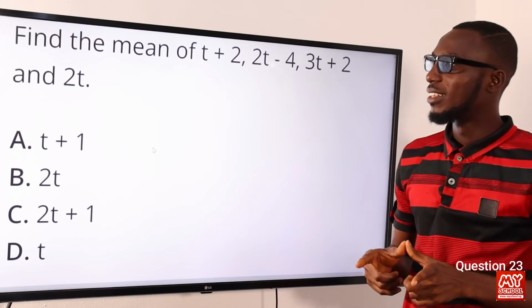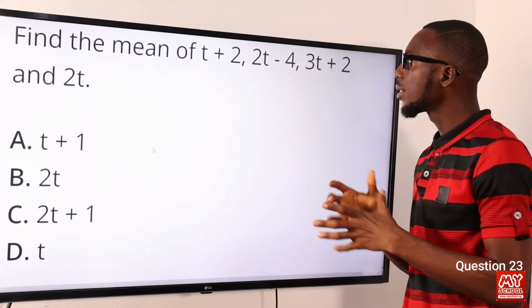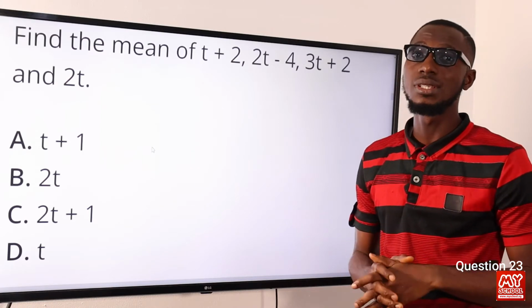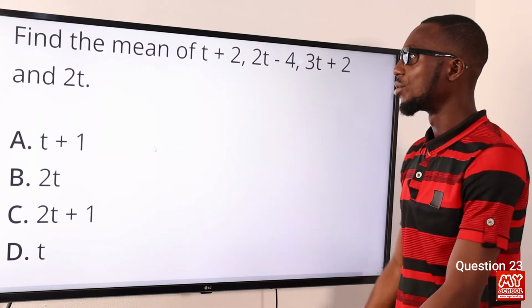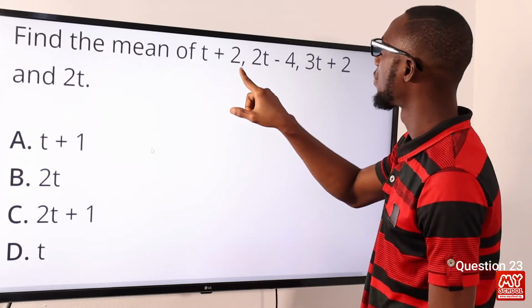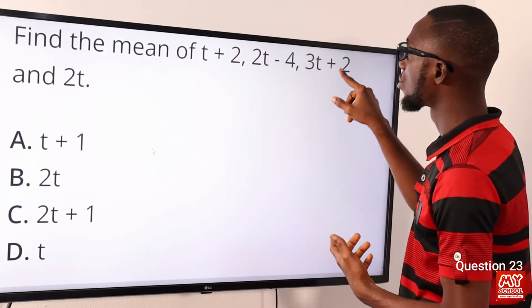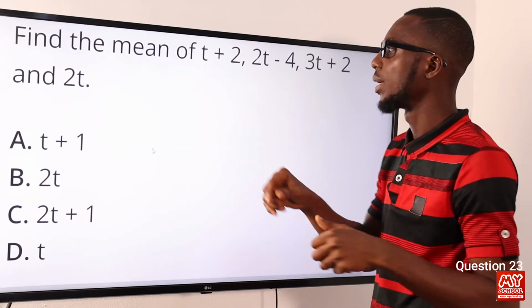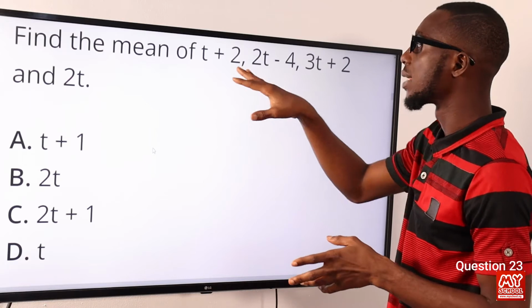Number 23. Find the mean of t plus 2, 2t minus 4, 3t plus 2, and 2t. Okay, so mean means you're adding all of this up, then over their numbers. So let's add up. Let's start with the numbers before the letters. Then we have 2 minus 4, that is minus 2 plus 2, that is 0. Okay, so that means we don't have numbers left. So we just have letters.